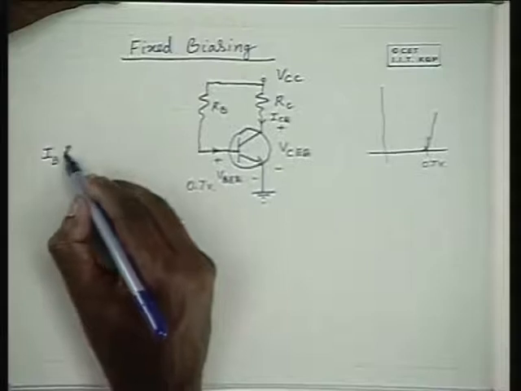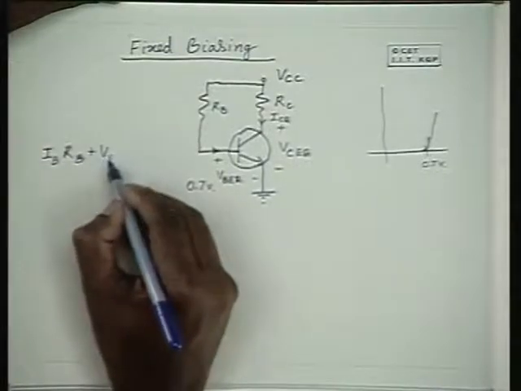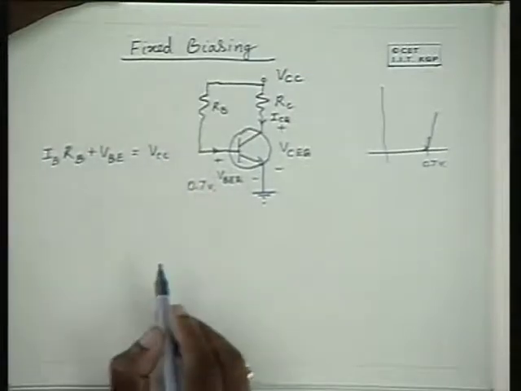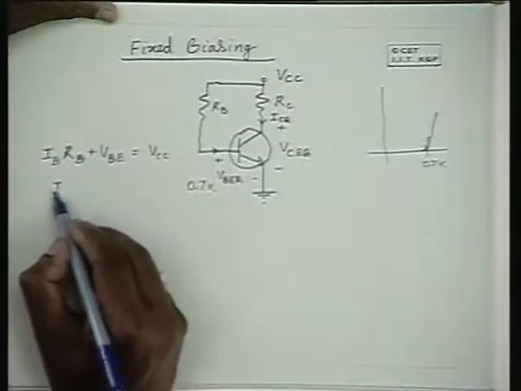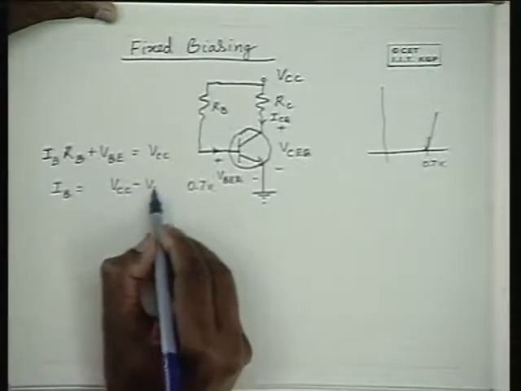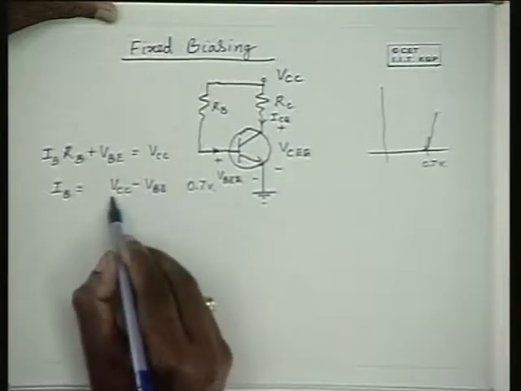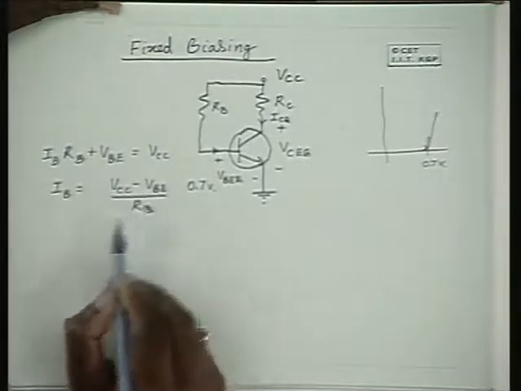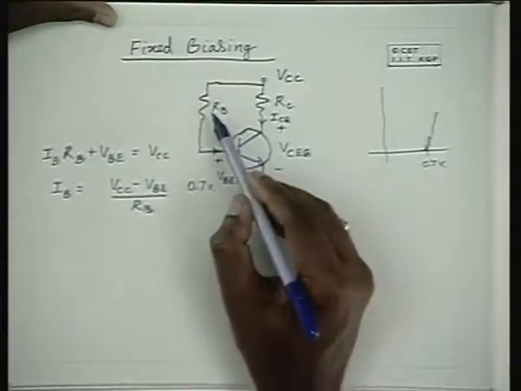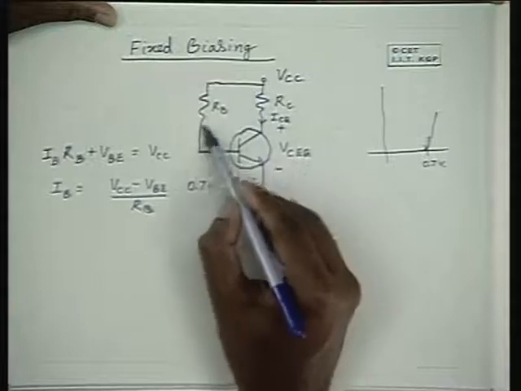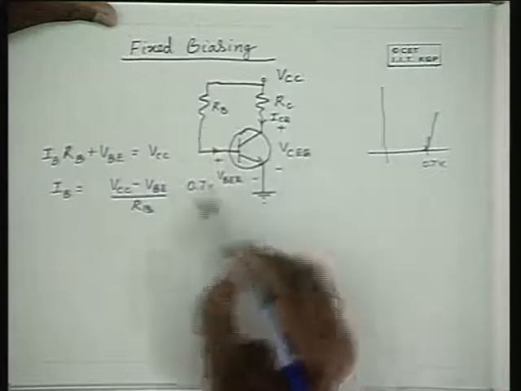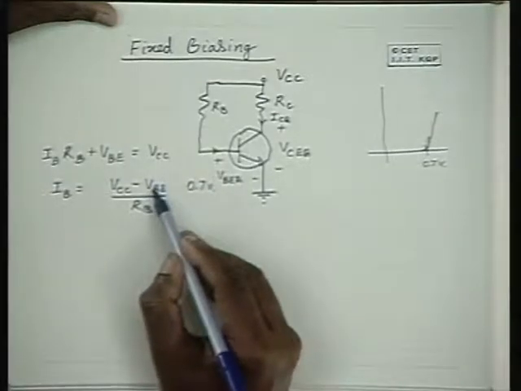So IB into RB plus VBE is equal to VCC. From this, naturally IB is equal to (VCC minus VBE) by RB. Because only IB flows through this RB, and VBE is of the order of 0.7 volts.